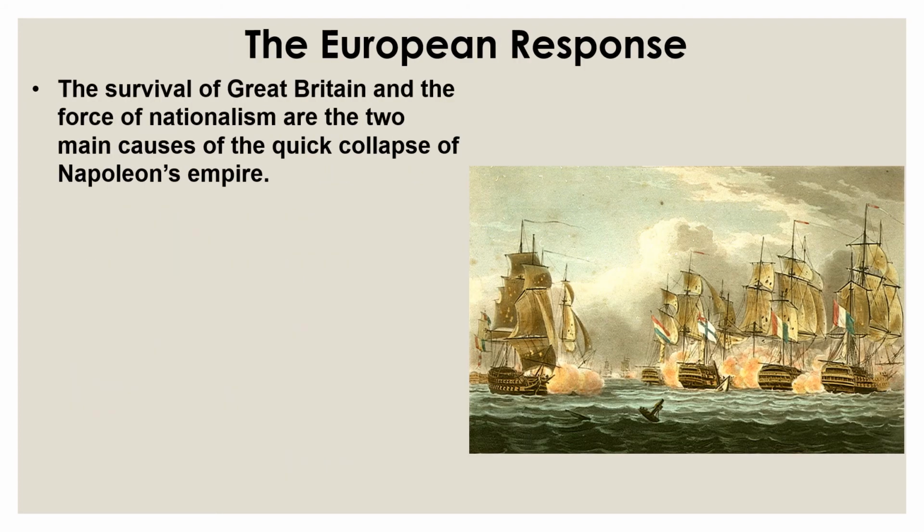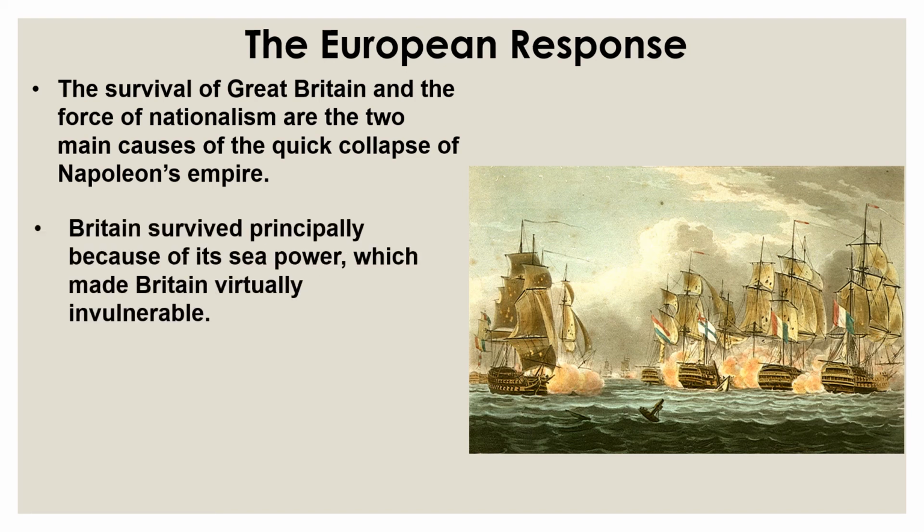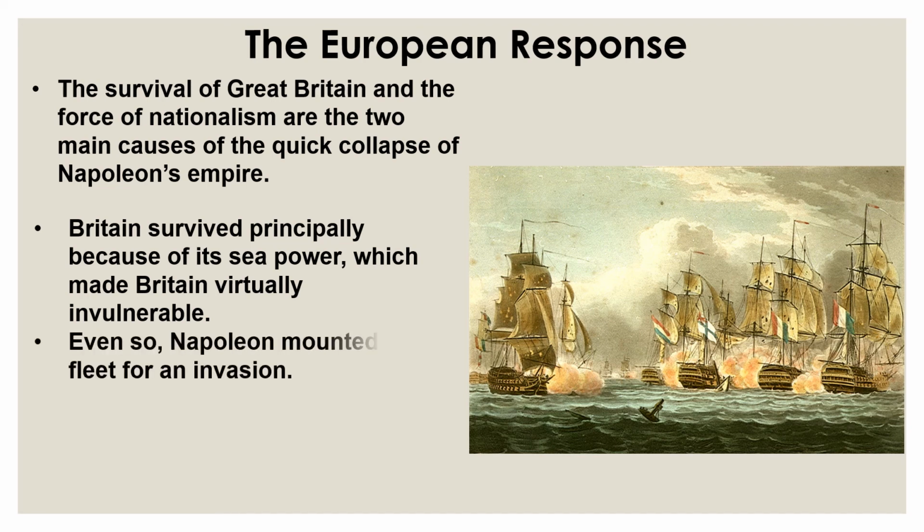The survival of Great Britain and the force of nationalism are the two main causes of the quick collapse of Napoleon's empire, however. Great Britain survived principally because of its sea power, which made Britain virtually invulnerable. They were not able to be defeated by Napoleon, largely because of that massive and successful navy.